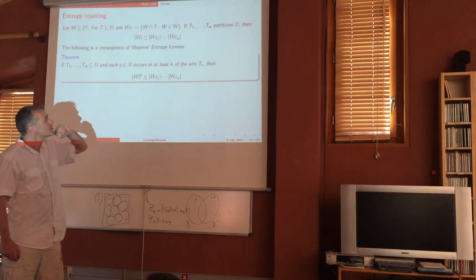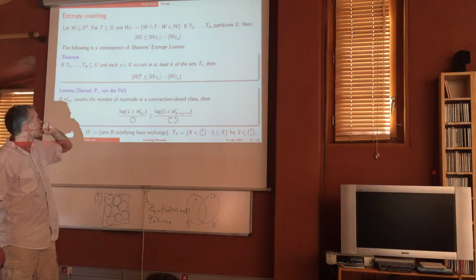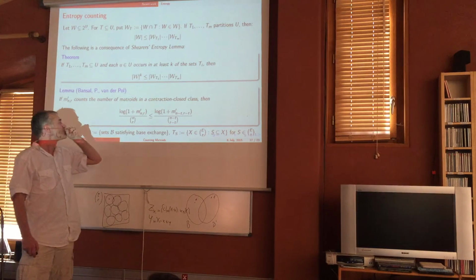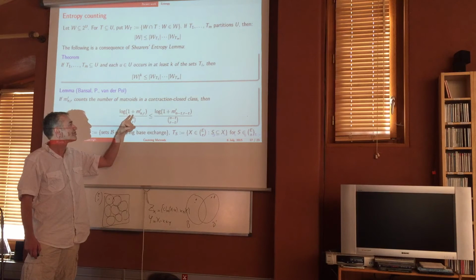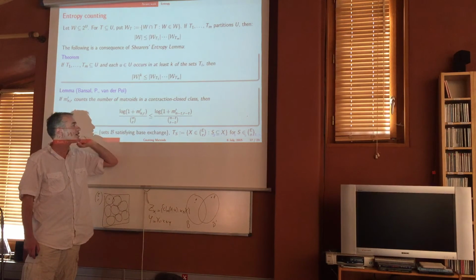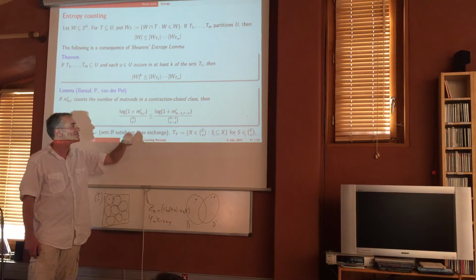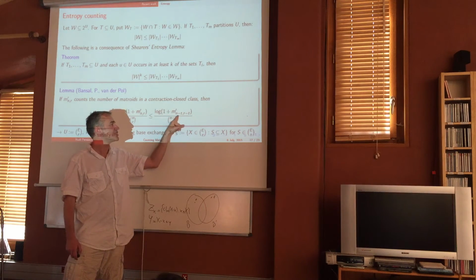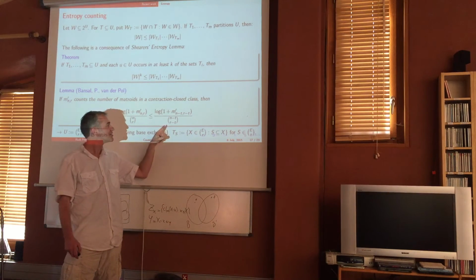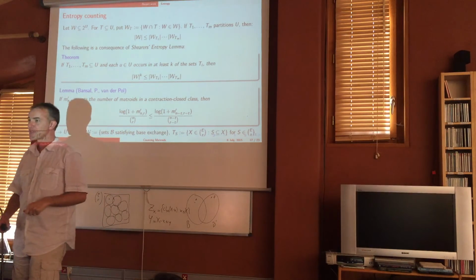So now we're going to apply this to count matroids. We're going to prove this theorem, saying that if you take the logarithm of 1 plus the number of matroids on n elements of rank R divided by n choose R, this is at most the logarithm of 1 plus the number of matroids, where these two numbers are decreased by t, divided by that same binomial coefficient, again decreased by t.